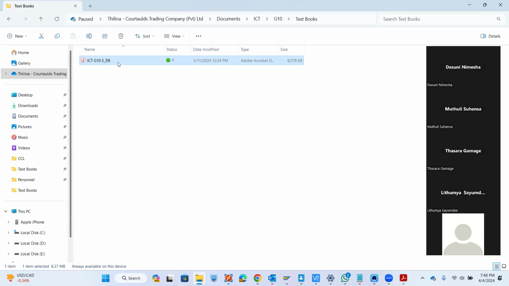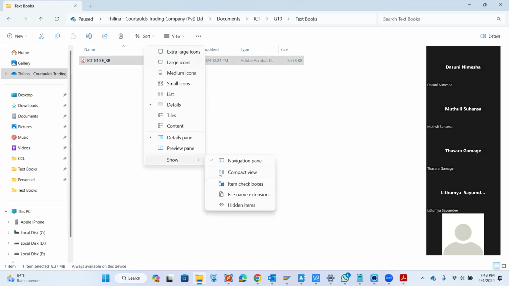Right. So in Windows 11, this operating system, there's an option to hide or unhide the extension. Sometimes it's a bit confusing. You can hide the extension if you want. You can see here: View, Show, File name extensions.